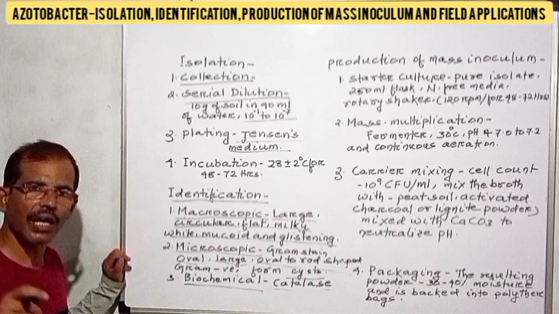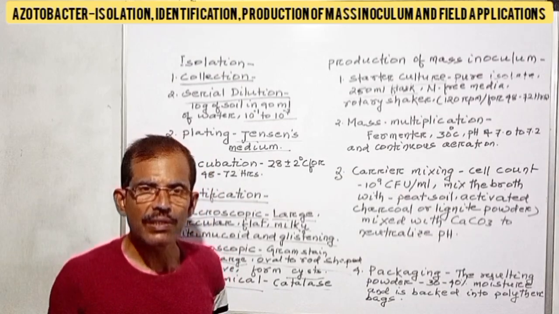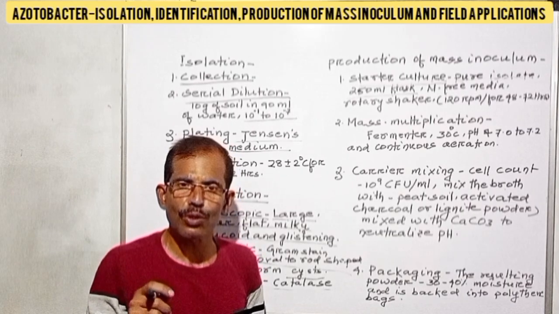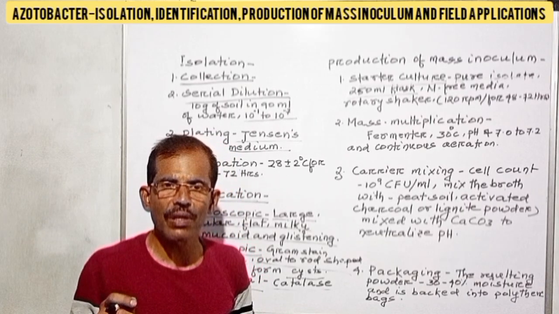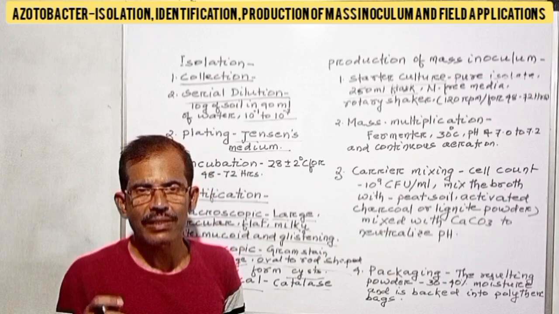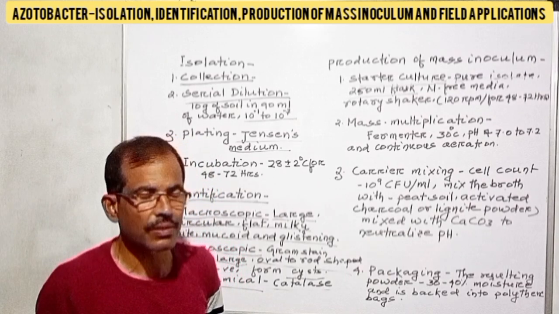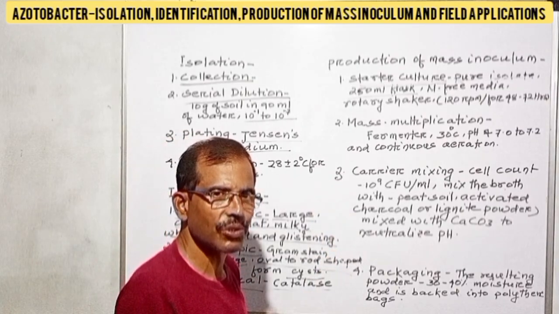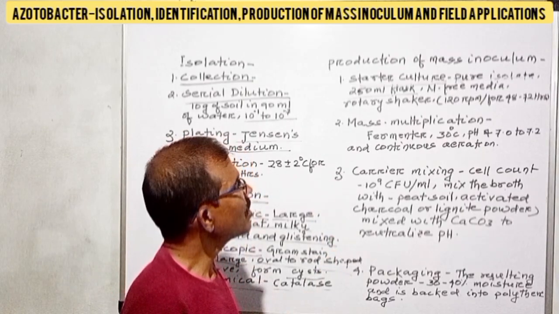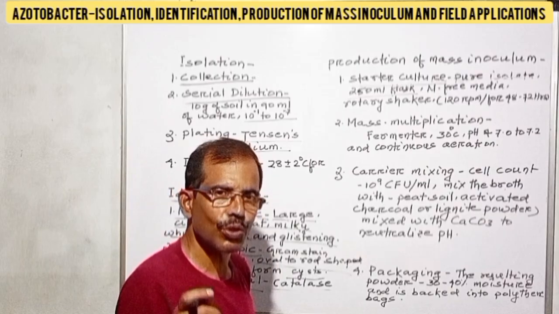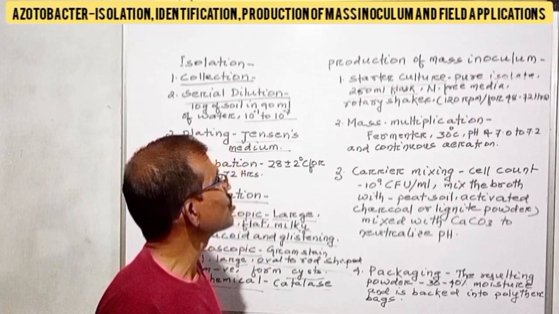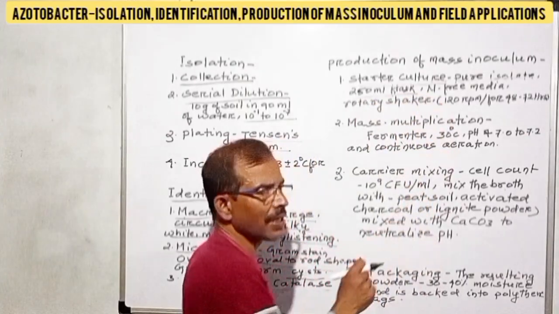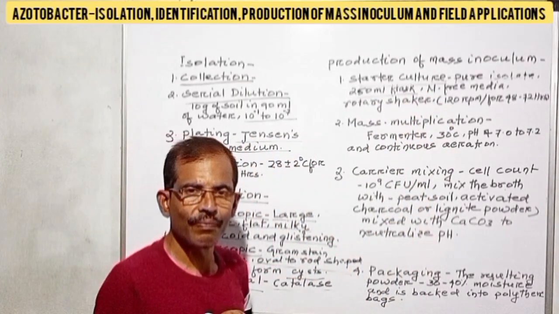Next, what is the process of producing mass inoculum of azotobacter for field application? There are several steps in this process. First step is preparation of starter culture. This culture is prepared by taking suitable amount of pure isolate in 200 ml flask containing nitrogen-free media.